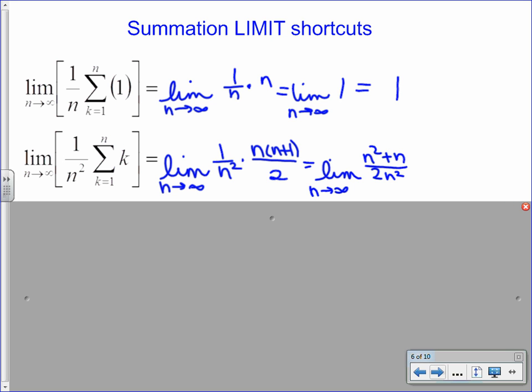How do I find the limit towards infinity? We have to look at the asymptote. Where's the horizontal asymptote? This limit is 1/2.